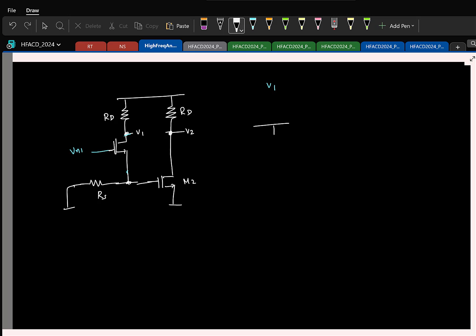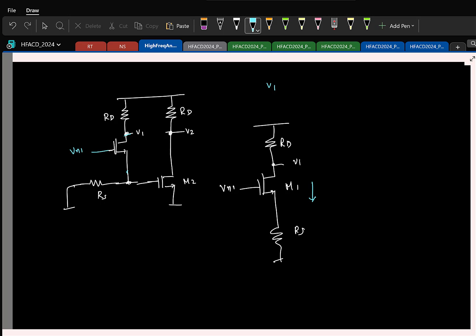So if I redraw the circuit, I have Rd. That's what I have with respect to M1. So what do you think will be the drain voltage V1? First of all, you guys know what the incremental current here is.